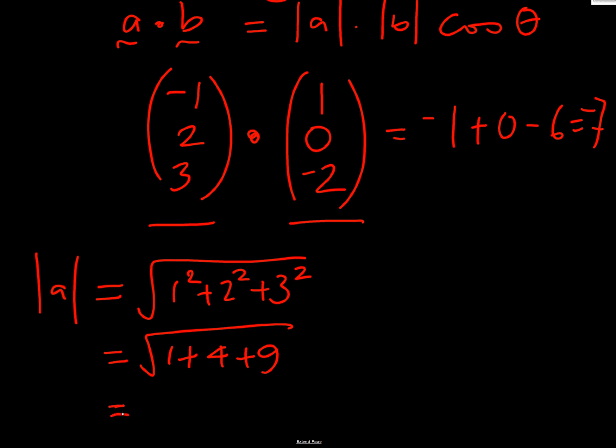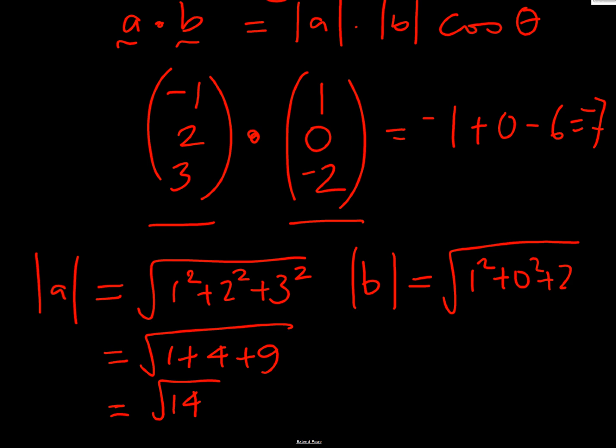So that's the square root of 14. And modulus of B is going to be 1 squared plus 0 squared plus 2 squared, which is 1 plus 4, which equals the square root of 5.